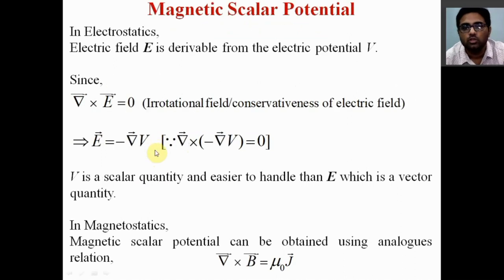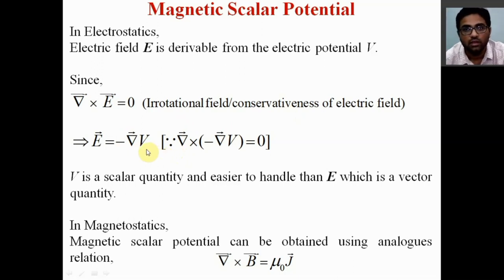We know that in electrostatics, electric field is derivable from electric potential, right? Now how? As you know, curl of electric field is 0, because electric field is an irrotational field as well as a conservative field. So electric field can be written as minus of gradient of electric potential.